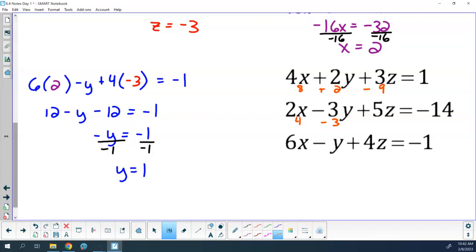If z is -3, then that's -15. 4 minus 3 is 1, minus 15 is -14. Checks out. If x is 2, then that is 12. Y is 1, then that's -1. If z is -3, then that's -12. 12 minus 1 minus 12 is -1. That one checks out. So my answer here then is going to be 2, 1, -3.